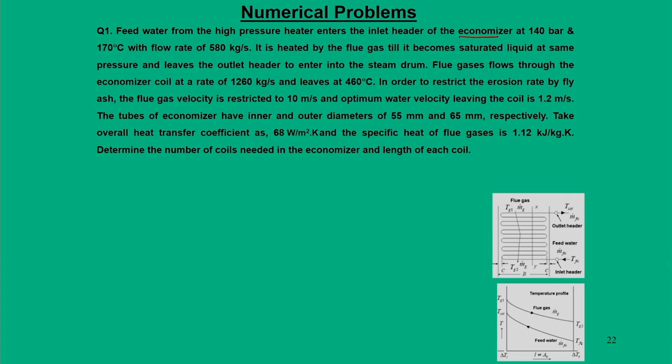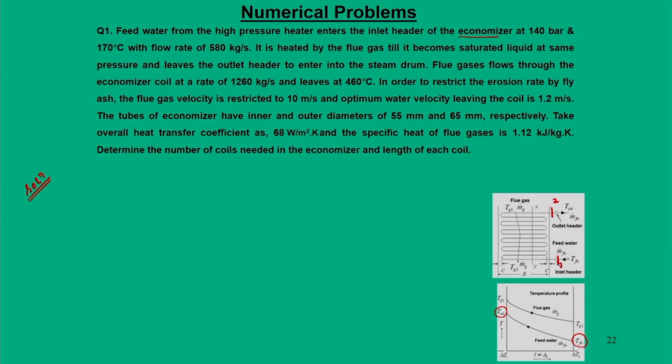Its main purpose is to raise the feed water temperature to the saturation temperature, and it is done through the flue gases. From this figure and the given data, we put a condition: state 1 for the feed water and state 2 for the saturated water that goes out.